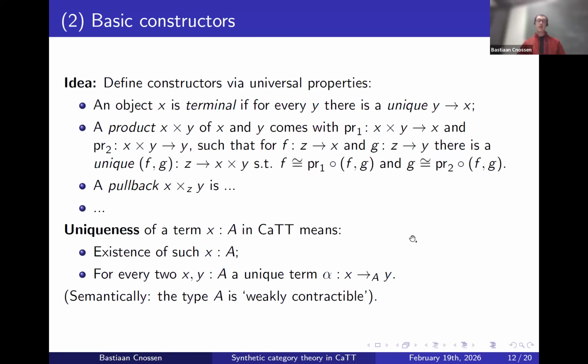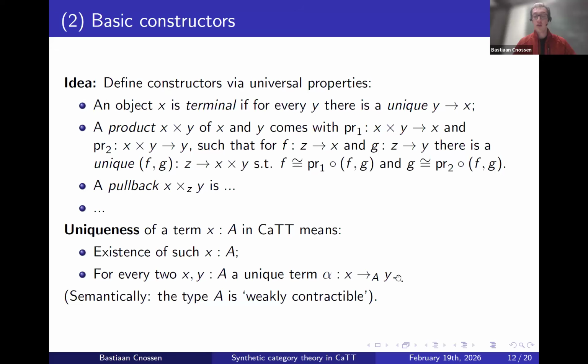So instead, we're going to do it the way that we have also been dealing with the coherences. We say that a certain type A that encodes a certain type of n-cells has a unique term if, first of all, there exists such a term, and second of all, for every x and y in A, there is a unique term between x and y.